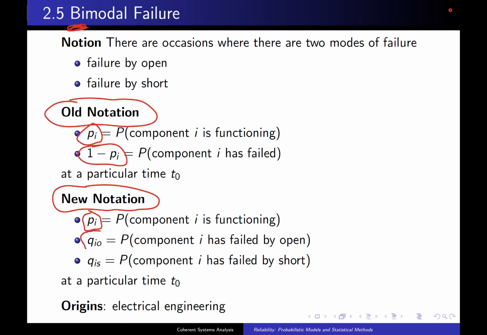And one way is failure by open, and failure by open has a probability Q sub I O. And then failure by short is Q sub I S. And if you take those two pieces and add them together, that corresponds to, in the old world where we just had the binary assumption, 1 minus P sub I. Notice that with both the old notation and with the new notation, you still have to specify a time t0.